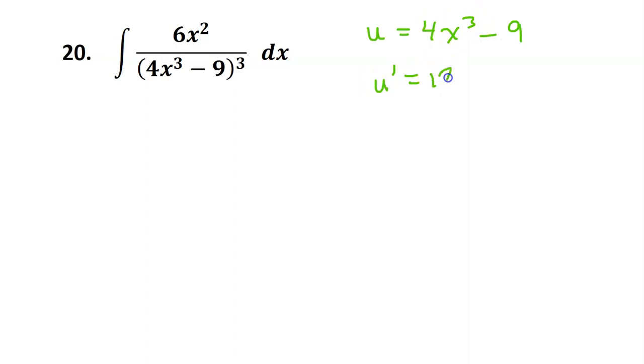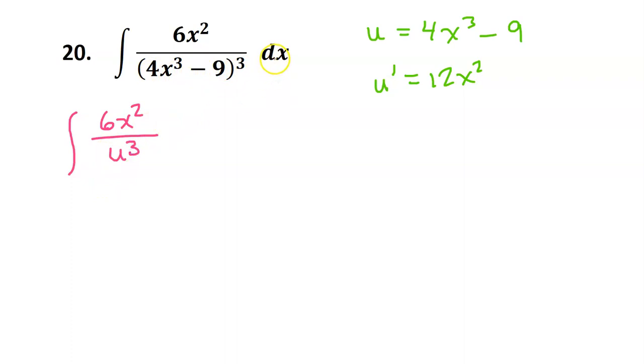3 times 4 is 12x squared. And that's gone. Let's do the substitution. For now, we still have 6x squared sitting there in the top. But in the denominator, we now have u cubed.